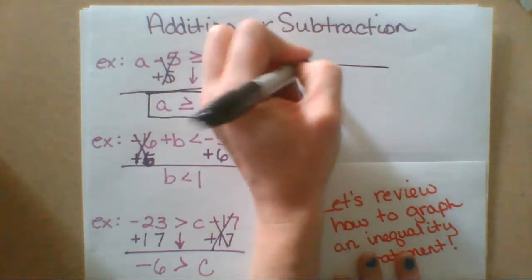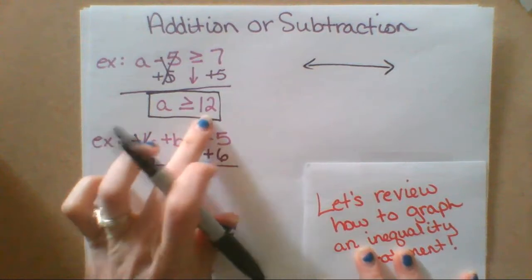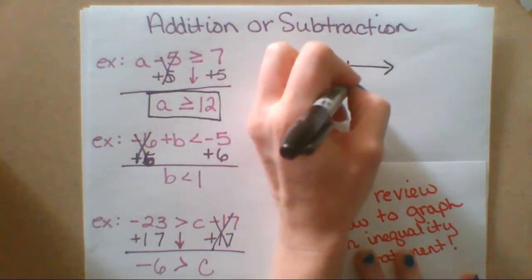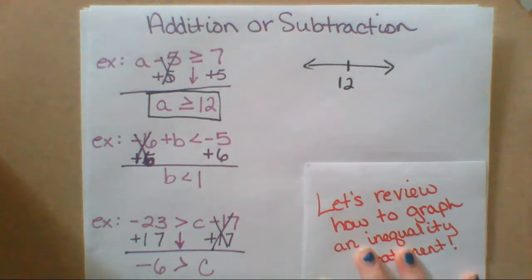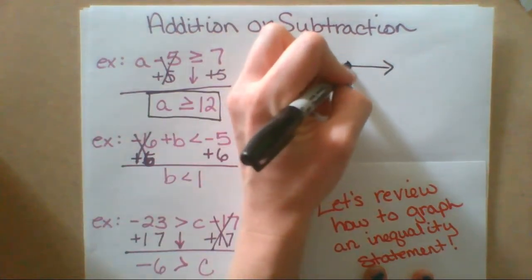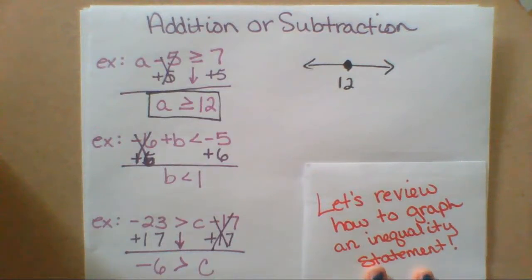So, using a number line, really our only important number here is the value that's our guideline point to a. It's not necessarily equal to a, but it's our guideline point. A can be equal to 12, so we're going to have that closed circle right there on 12. It can also be greater than 12.